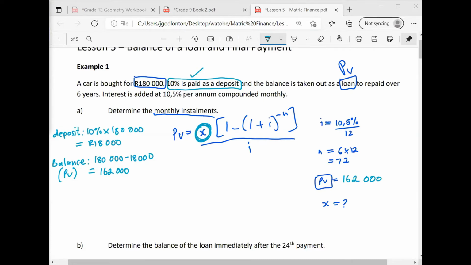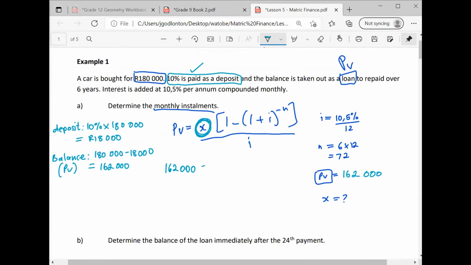Okay, and so we have a few of you who have hit the nail right on the head. One of you is out by just 1 cent, which makes my heart sad, but I think something just happened when you were rounding. So I'm just going to show you what this looks like when we put it into the formula. X is what we're looking for.